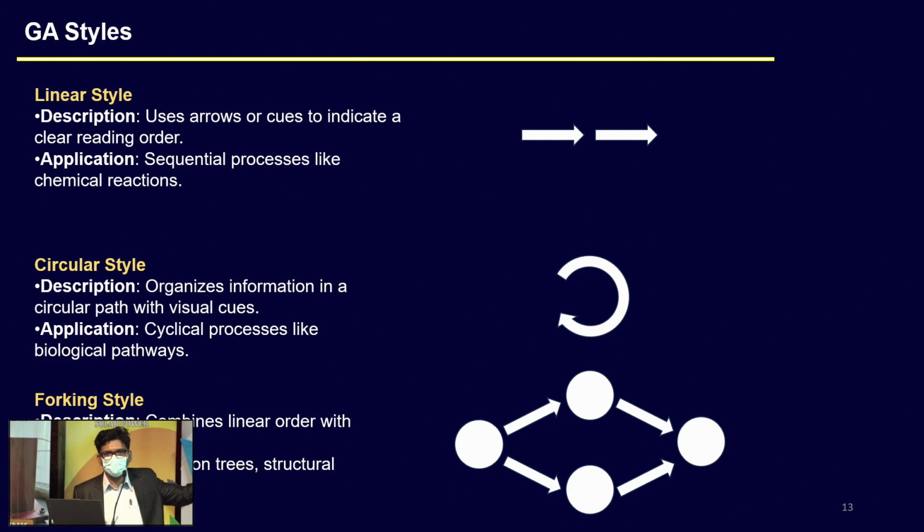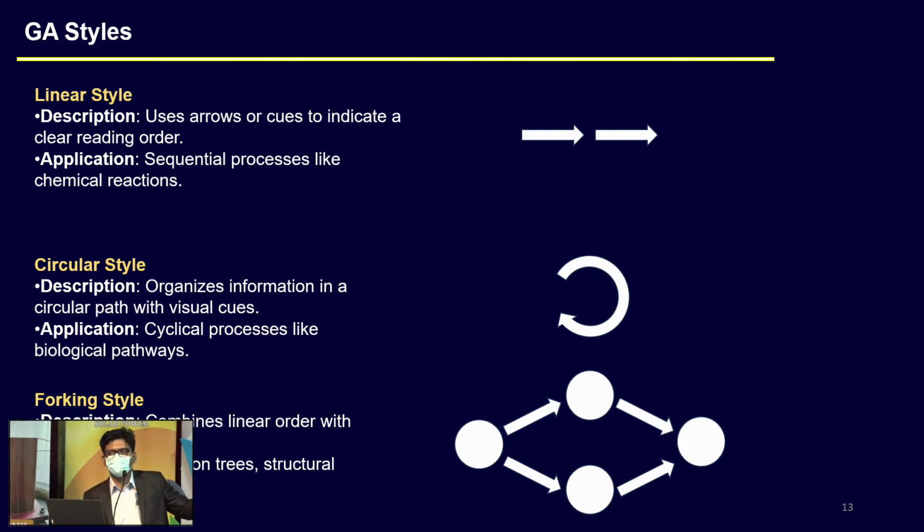Maybe the starting point is a transformation, and there's an ending point. In the circular style, you are maybe talking about sustainable production, cradle-to-cradle production, circular economy, where you have a circle. You have an ending point and a starting point that goes as a circle.